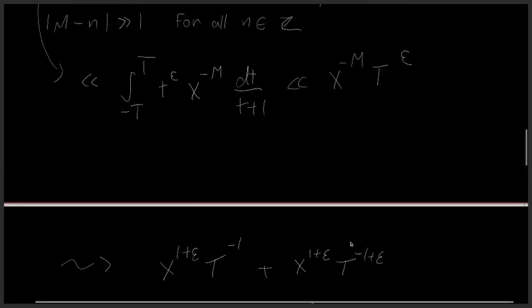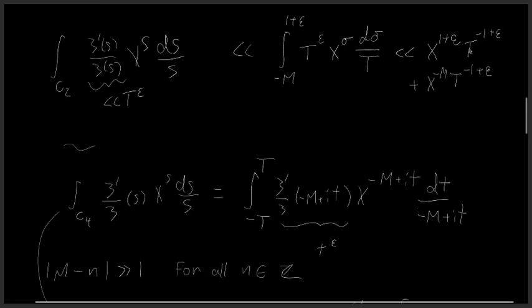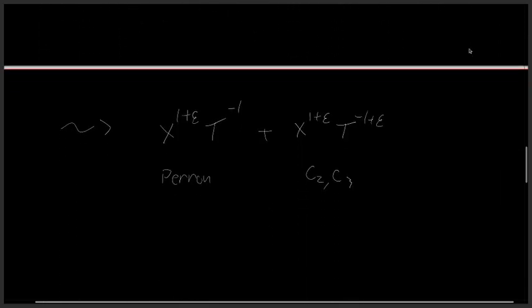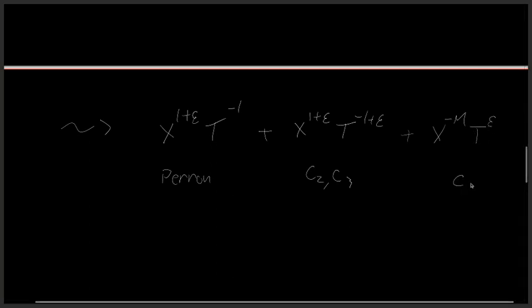Right, that was these parts. Of course, m we're going to assume is positive, right? So this term is just not going to contribute compared to the top term. And then we also have this x to the minus m T to the epsilon coming from C4. And we want to balance these things.